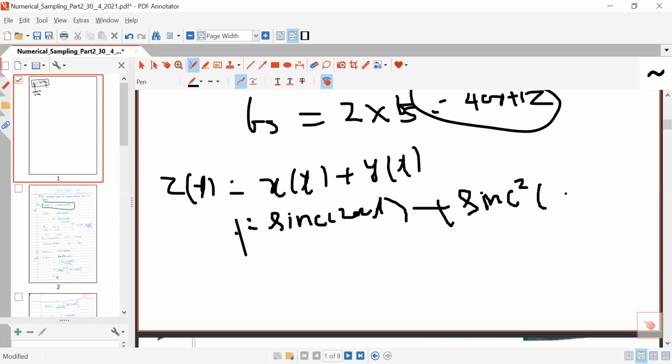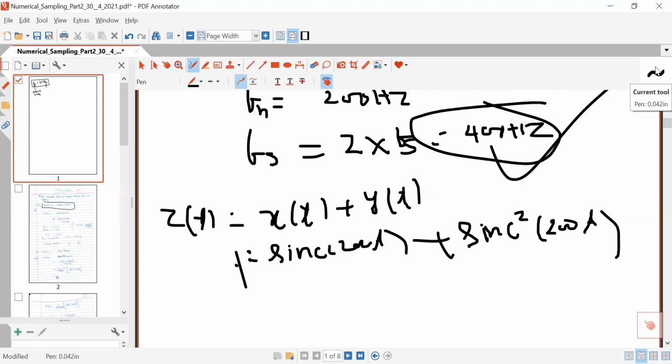Then what will happen? Then you will see, you will get the same answer, 400 hertz. How can you find the Nyquist rate for this signal zt?